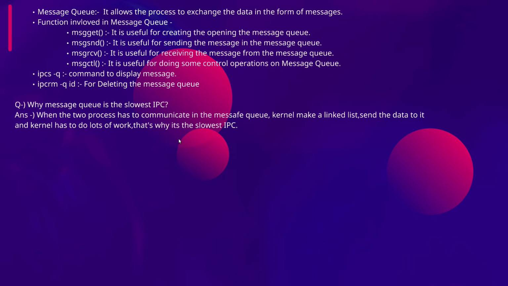In the earlier video we discussed different functions: msgget, msgsnd and msgrcv. We wrote two programs: from one process we create or open the message queue and send the message over it, and from the other process we open the same message queue with the ID we got from msgget, and receive using msgrcv.